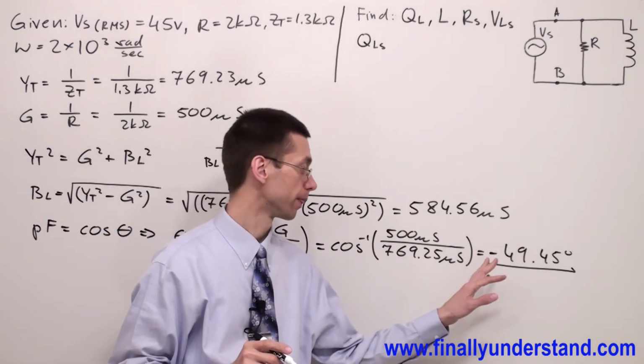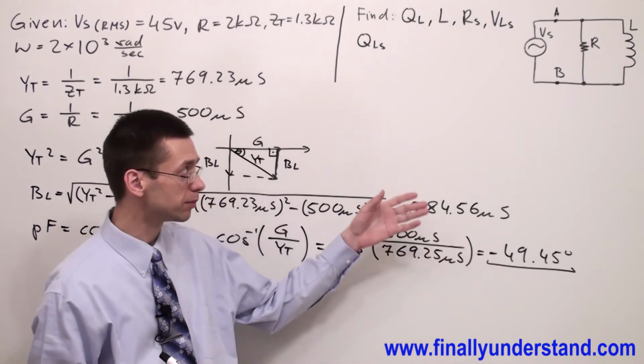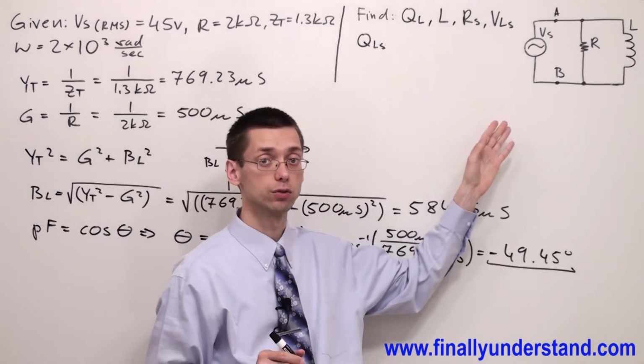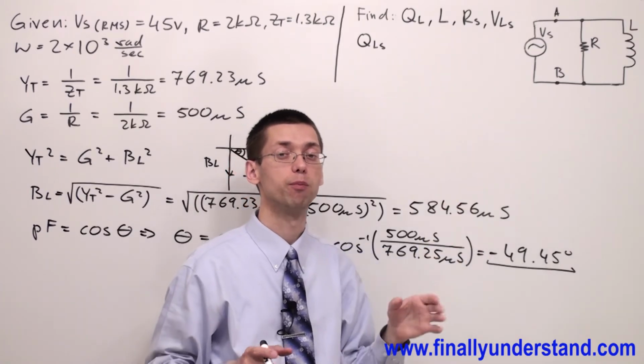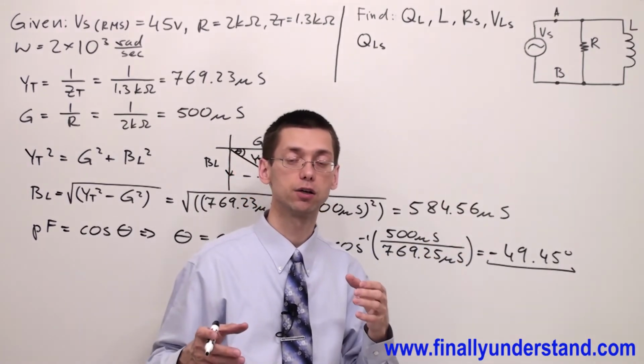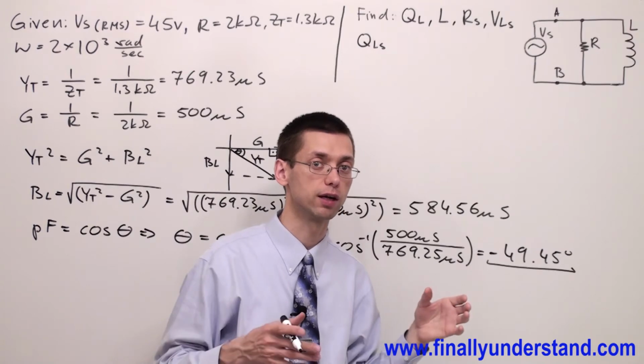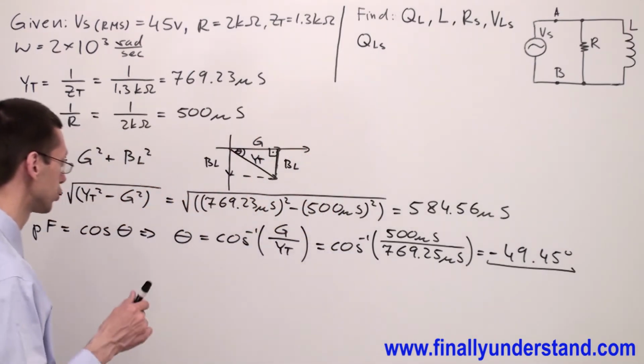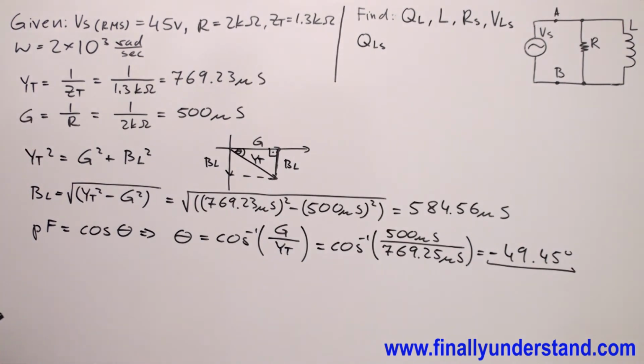Y total. Someone is going to say, but I'm dealing with the RL circuit, right? And I'm supposed to get positive angle. Positive angle you are going to write next to the total impedance. Next to total admittance, you're supposed to write negative angle.